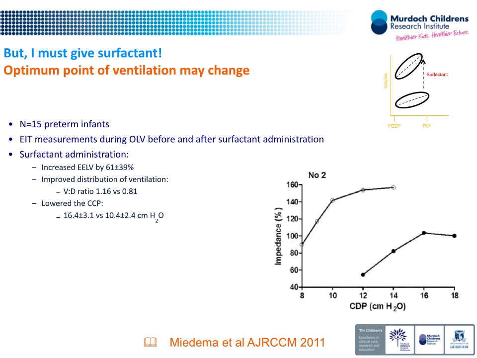And here is a description of what happened to the closing pressure of the lung after lung recruitment. So here the baby had lung recruitment, and you can see the deflation limb. You can see the optimum pressure is going to be around here. Then the babies were given surfactant, and again the deflation limb was remapped, and you can see that it totally changes, as you would expect if you gave surfactant, because you change lung volume and lung mechanics.